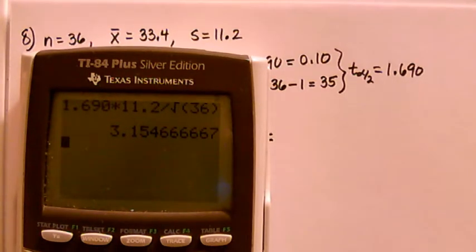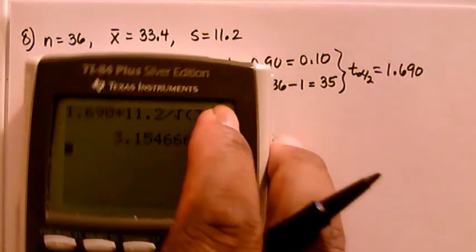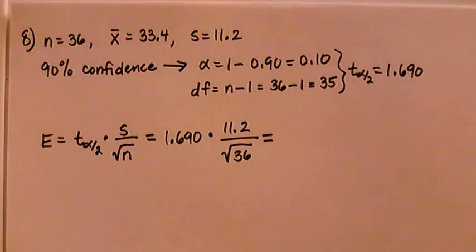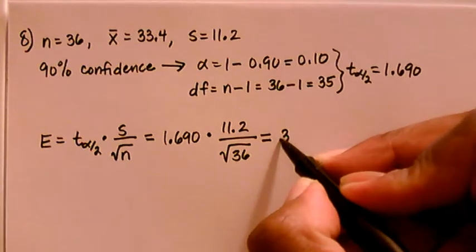Let's say I want to round this off to 3 decimal places. That margin of error to 3 decimal places will be 3.155. So your margin of error in this case will be 3.155.